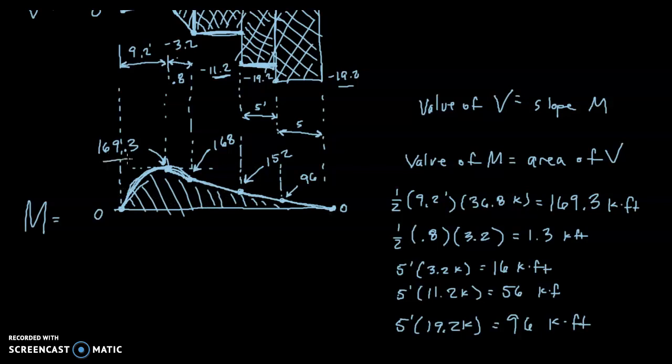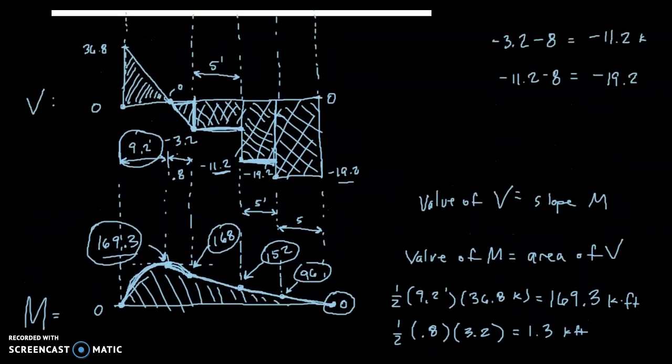And the other thing that's important are these numerical values. Maximum moment is occurring at this distance of 9.2 feet from the left support, and that maximum moment value is 169.3 kip feet. And then it reduces to 168 kip feet, and 152 kip feet, and 96 kip feet, and then finally at the right support, 0 kip feet.